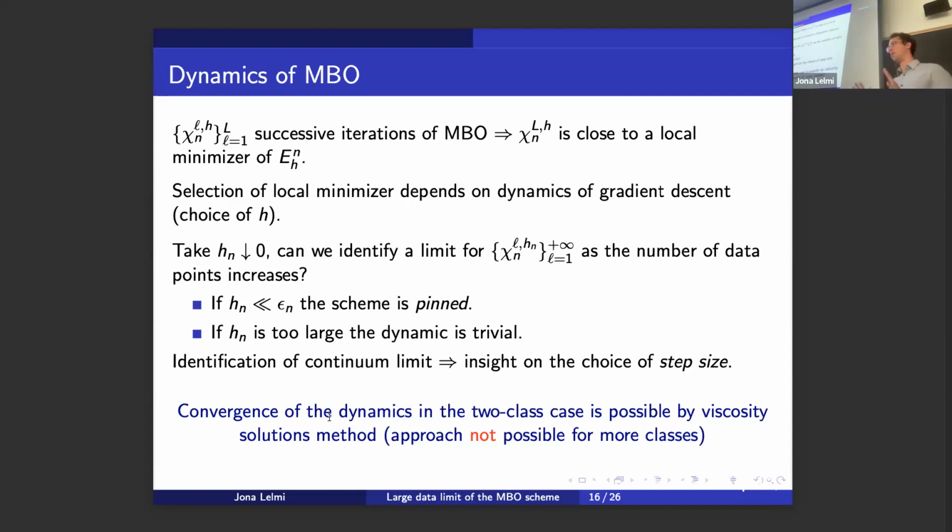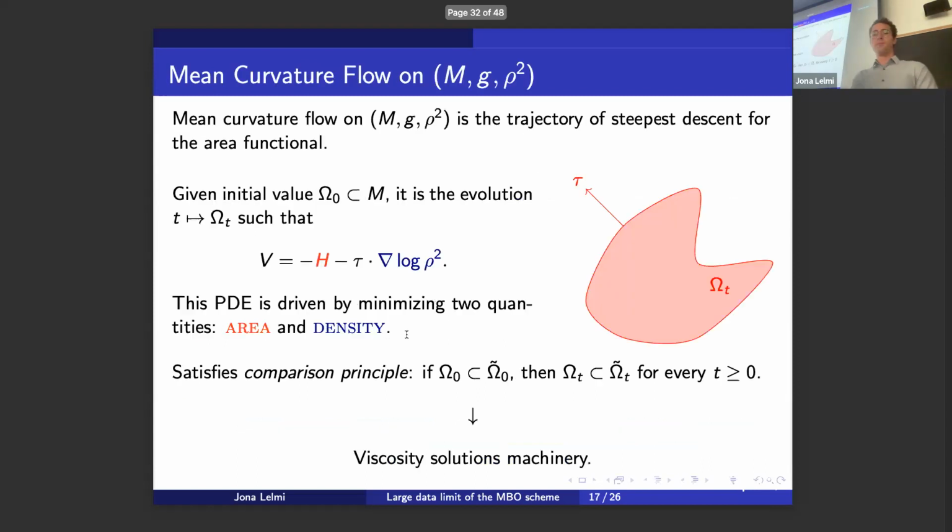We focus now on the case in which the MBO scheme partitions the data set into just two classes, because we will use viscosity solution techniques, which are available only in this two-class case. Let me briefly tell you what happens. The spoiler is that the dynamics of the MBO scheme will converge to a viscosity solution to mean curvature flow on the manifold. I will tell you later how it works.